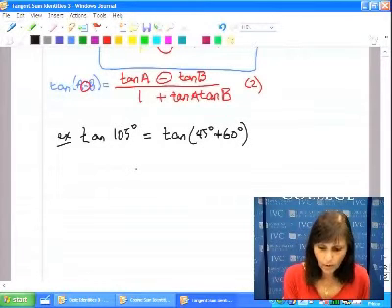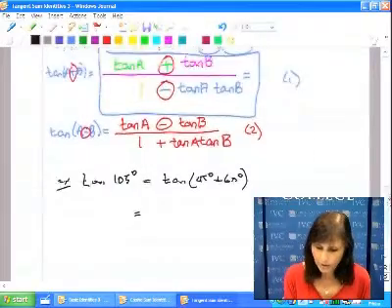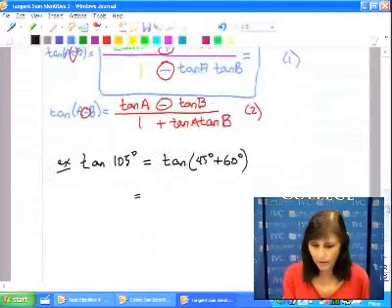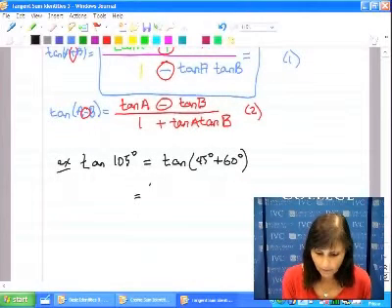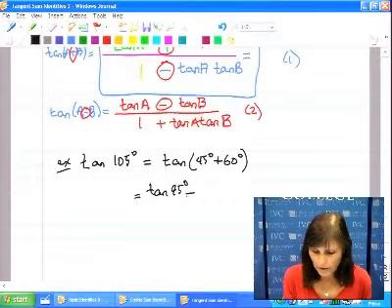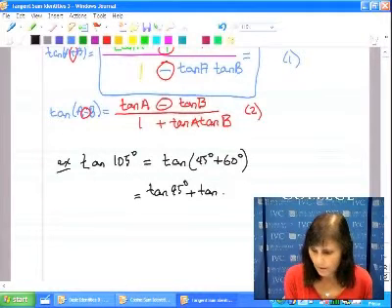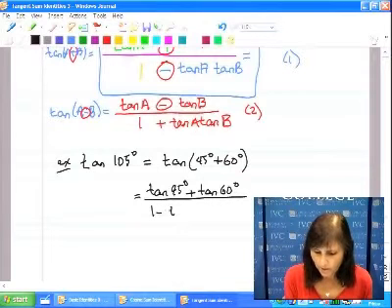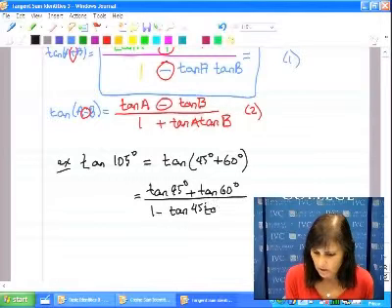So let's write the formula with the plus. The plus formula is going to have plus on the top and negative at the bottom. So you're going to have tangent 45 plus tangent 60 on top, and negative at the bottom: 1 minus tangent 45 tangent 60.